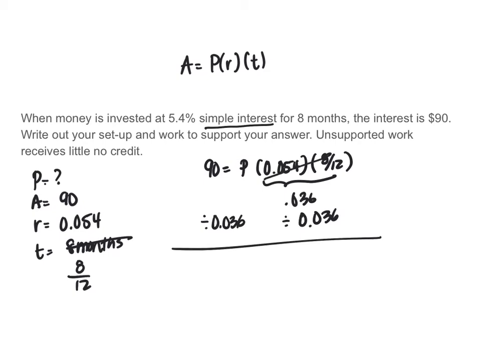So now I really have P times 0.036. If I divide both sides by 0.036, I would get 2.5 equals P. See, that means $2.50.